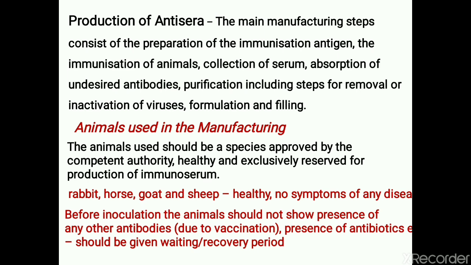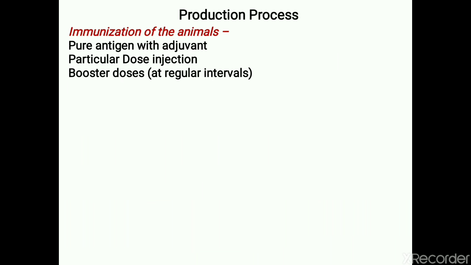It should not show the presence of antibiotics also, and if there is presence of such antibiotics or other antibodies, then the animals are quarantined so that they can recover, or there is a waiting period for the removal of antibodies or antibiotics. The production process.